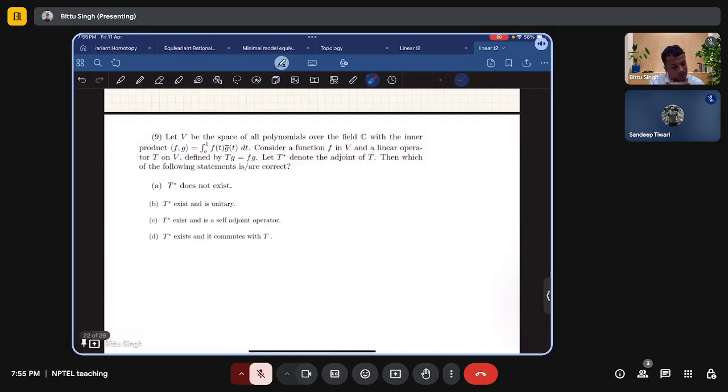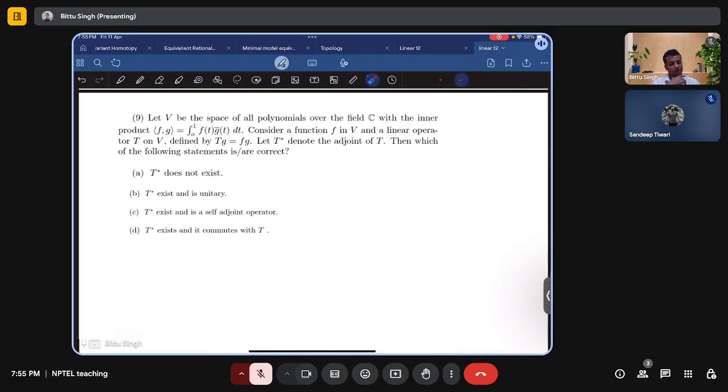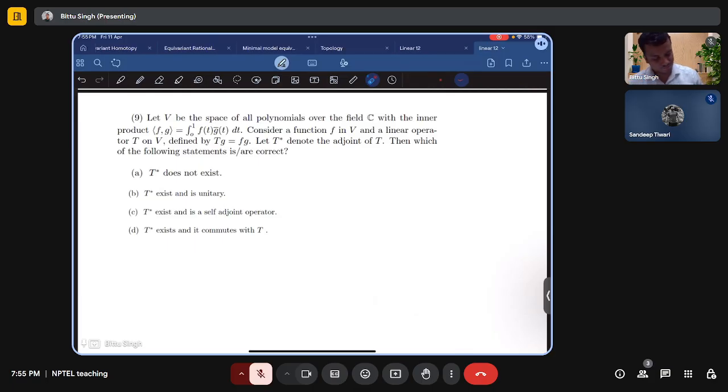Yes. Let us check question number 9. Now it is easy. Here, the inner product is the standard inner product, and the linear operator on V is defined as Tg equals f multiplied with g, given a continuous function or given polynomial.